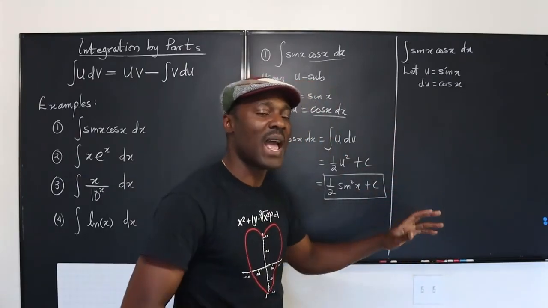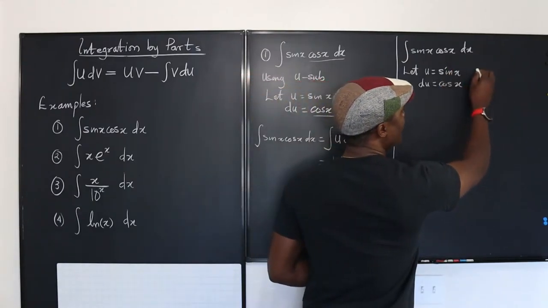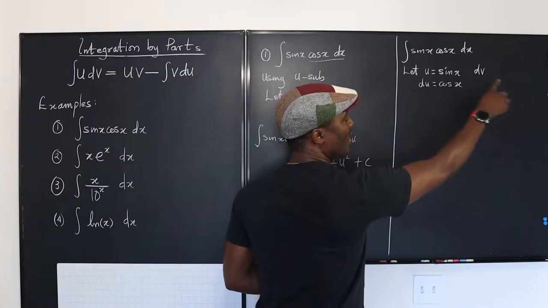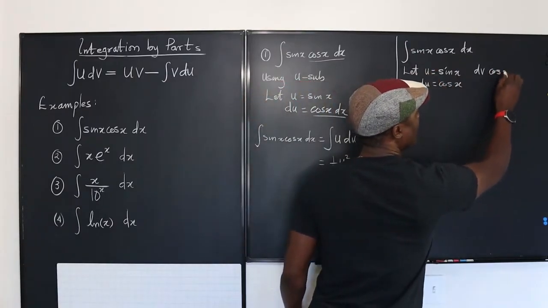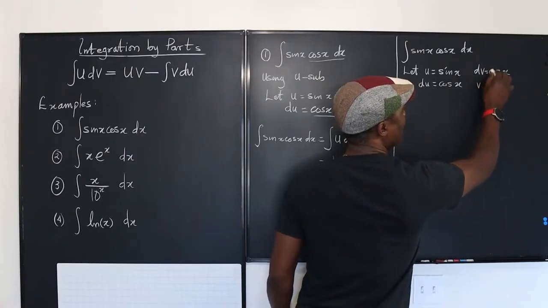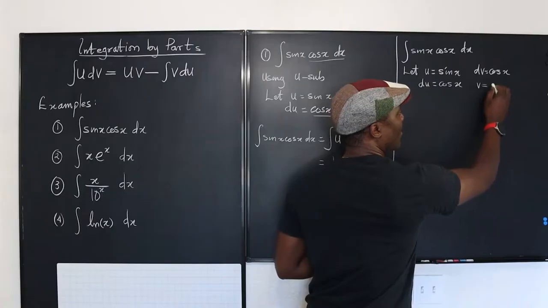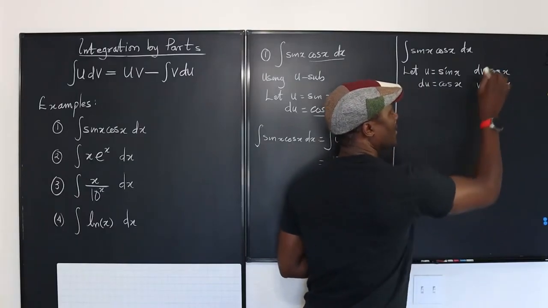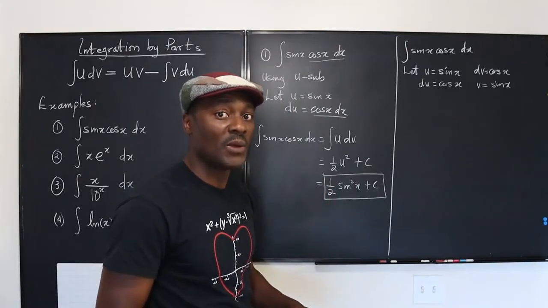We're going to put that back just to make our work clean. Let's go here. We're going to say dv, so arrange it this way. Just the way the question is, dv is cosine x. What is v? Well, if you integrate cosine, what would you get? You're going to get sine x. Now let's just plug in the formula, okay?